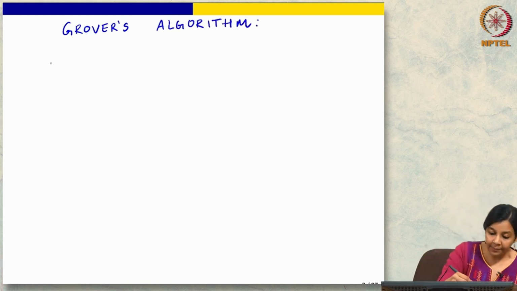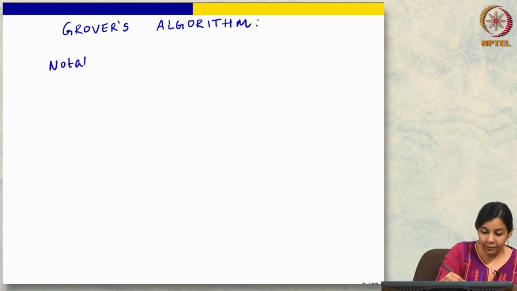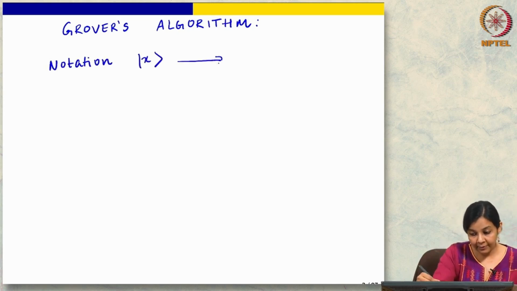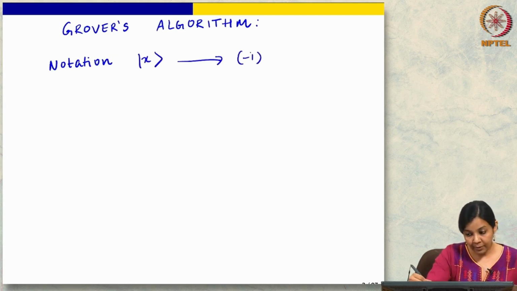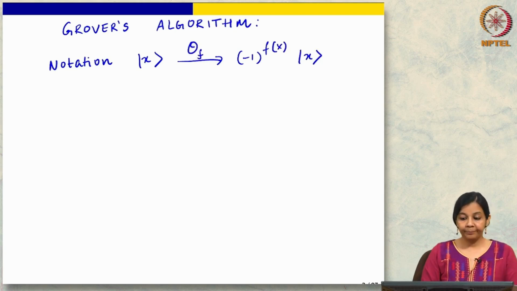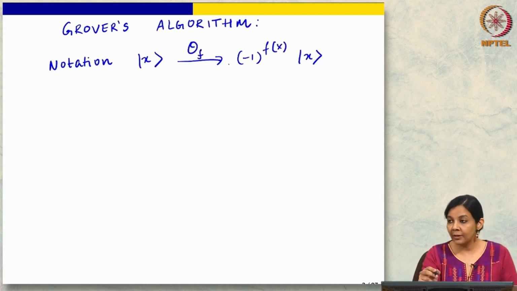First, I will remind you of some notation that we have used before. If I take a function x to minus 1 to the f of x times x, I am going to call this transformation O_f.